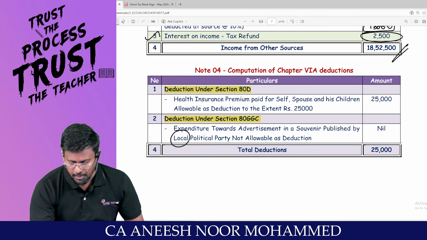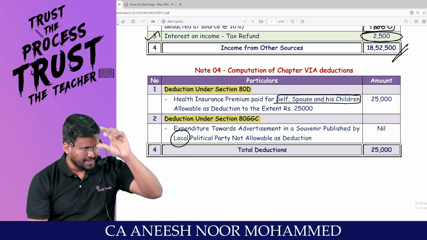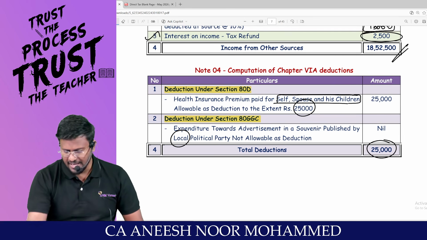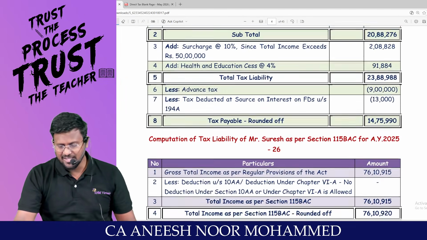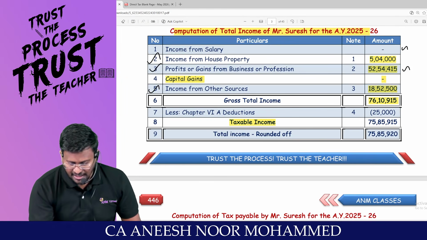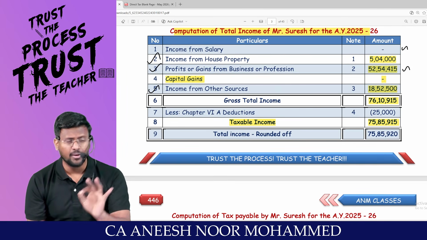Health insurance premium for self, spouse and dependent children will be allowed as deduction up to 25,000. So if the assessee is going through the optional tax regime, the assessee is entitled to claim Chapter VI-A of 25,000, then the taxable income will be 75,85,915.